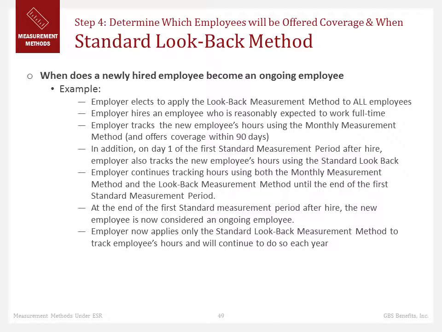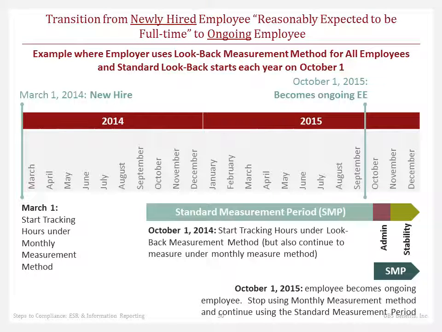Here is a graphic of this idea, so we're going to talk about it really quickly just to hopefully really cement this idea. So this particular employee was hired on March 1st of 2014. Now, remember, this chart works assuming that you've gone the simple route and selected the same measurement method for all categories of employees, and that you've selected the same measurement periods for all categories of employees.